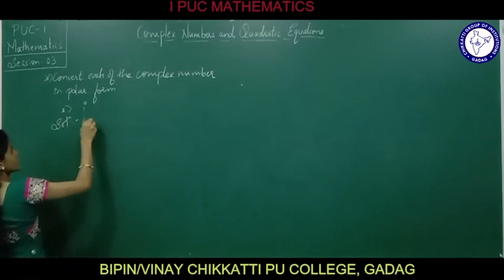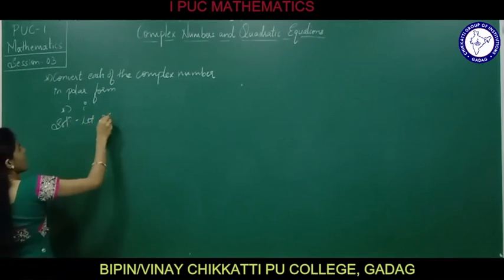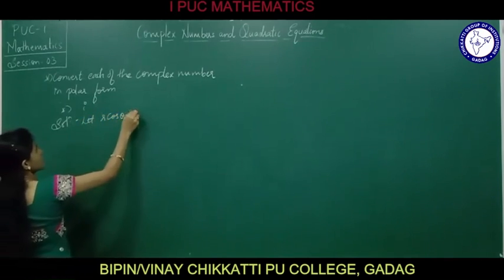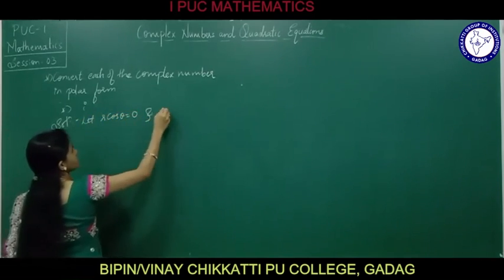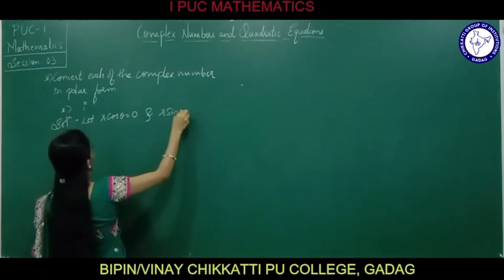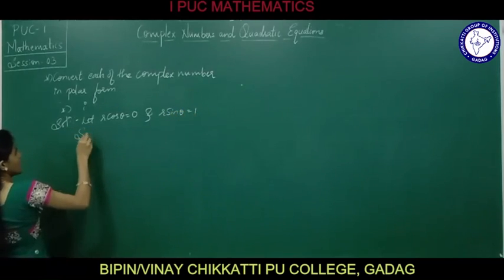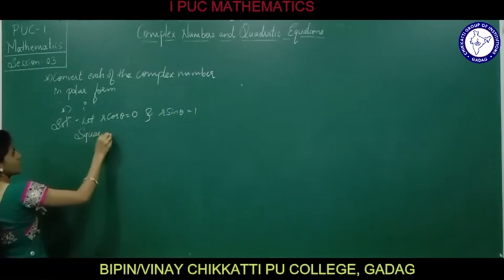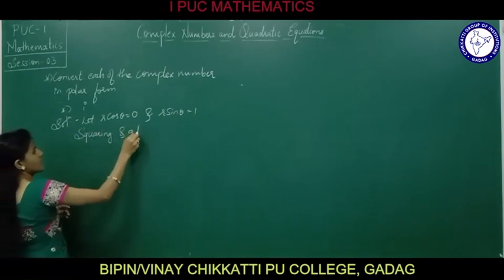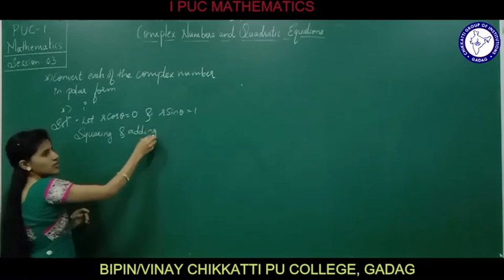Then what is going to happen? Let r cos theta be equal to 0 and r sin theta be equal to 1. So, squaring and adding, what are we going to get?